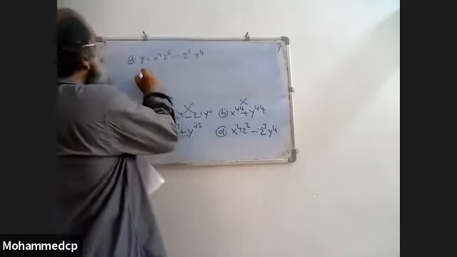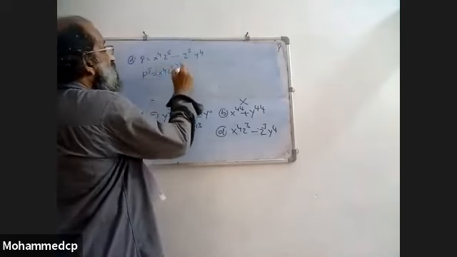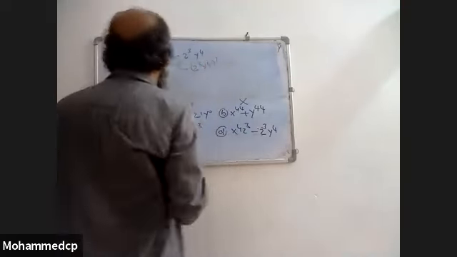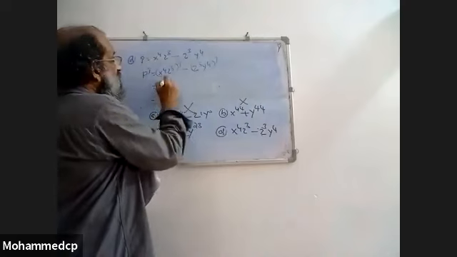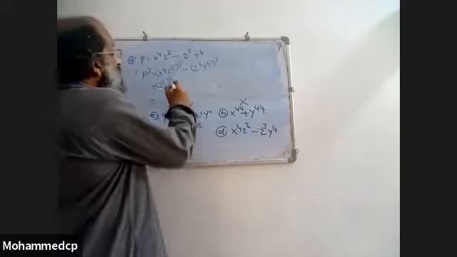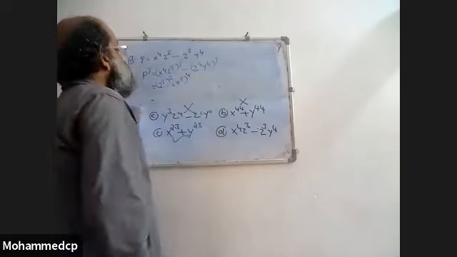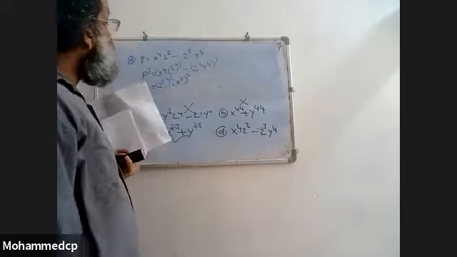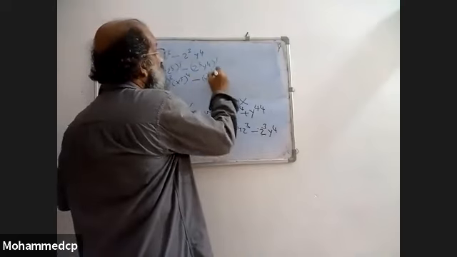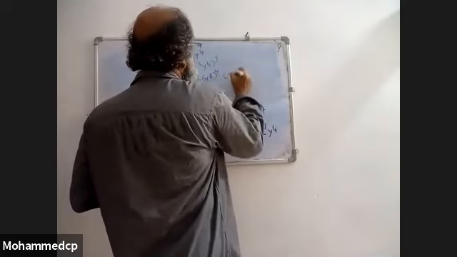And we take P transpose, which equals X raised to 4 Z cube transpose minus Z cube Y raised to 4 transpose, equal to Z transpose all cube into X transpose raised to 4. AB transpose is B transpose A transpose, so minus Y transpose raised to 4 into Z transpose cube.